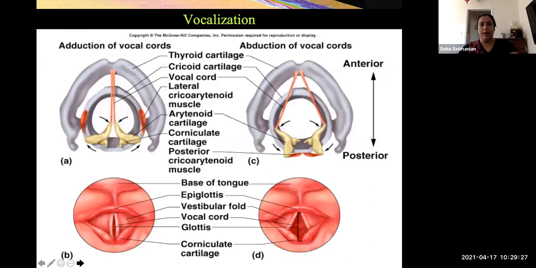So here is a view from the top. Again, here is the front, here's the back, and I'm looking at the larynx from the top view. Here is the biggest cartilage, as I mentioned, your thyroid cartilage. Then you have the circular cartilage right here, which is your cricoid cartilage.